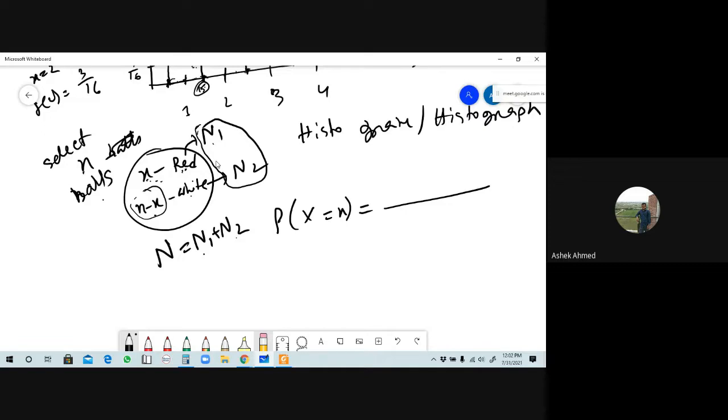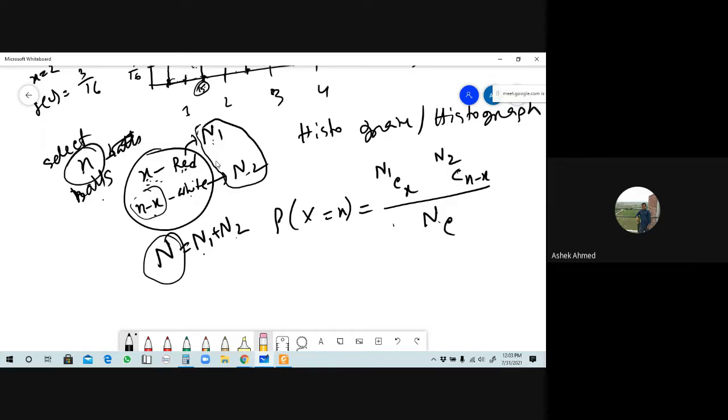So আমাদের যে এখান থেকে n সংখ্যক বল ড্র করবো যার মধ্যে x সংখ্যক রেড থাকবে, কিভাবে প্রপার্টি ফাইন্ড করবো? যেহেতু চুজ আসতেছে, যেহেতু n1 থেকে আমাদের x সংখ্যক রেড চুজ করতে হবে, আর n2 থেকে n minus x সংখ্যক হোয়াইট চুজ করতে হবে, so this would be n1 C x, and this is n2 C (n minus x), divided by total number of balls which is n1 plus n2, choose n, okay.